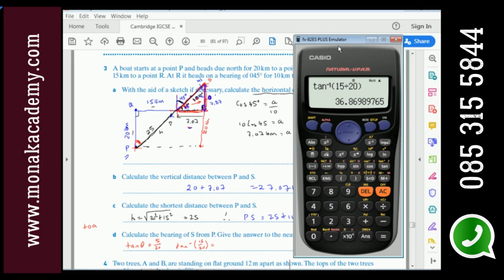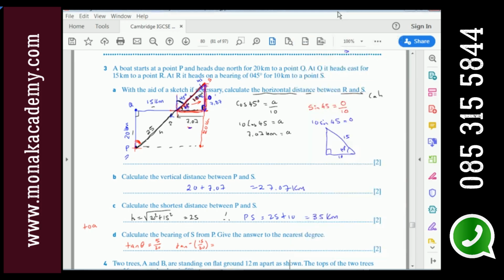Can you round off that number to a whole number? I don't want decimals. To a whole number, without point something. So it's 37. Thank you. They say to the nearest degree, so they want it as a whole number degree.